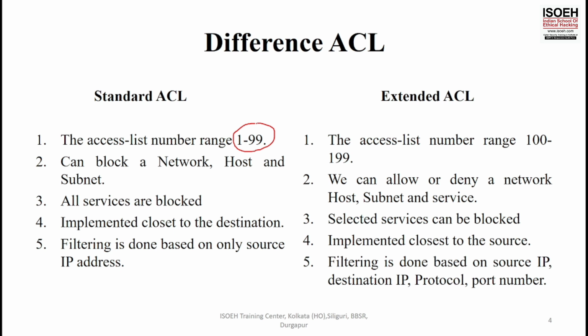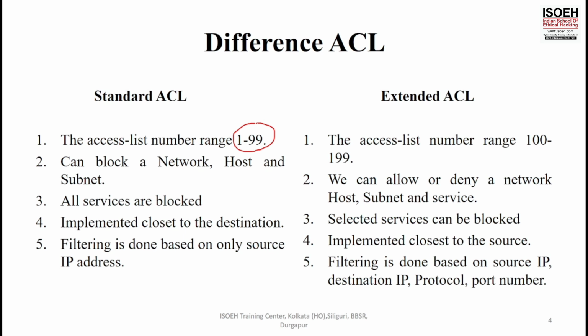Standard ACL blocks a whole network, and a particular host computer will be blocked in the whole network. But with extended ACL, we can allow or deny network, host, subnet and service. You choose which network should be blocked for a particular host, and which host will be blocked in a particular network. So it is possible in extended ACL.